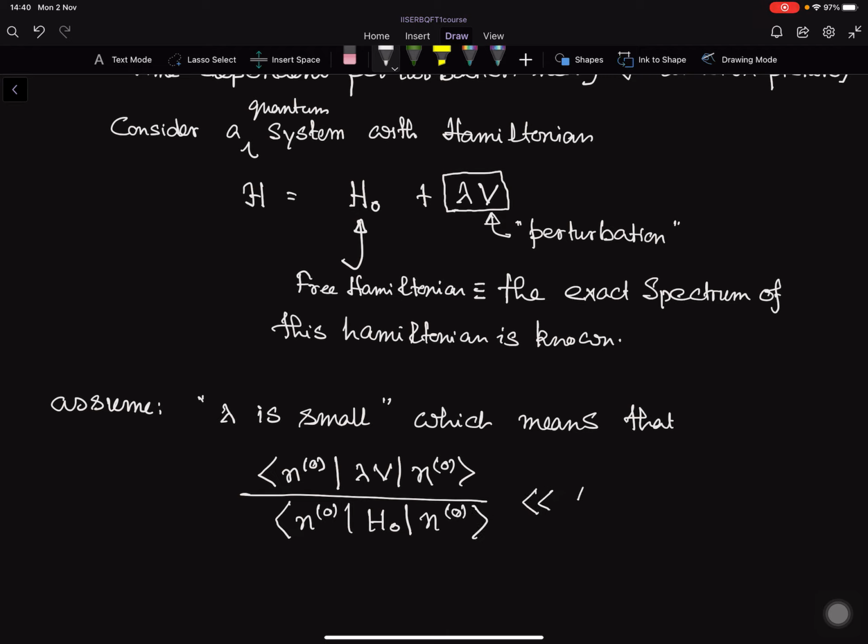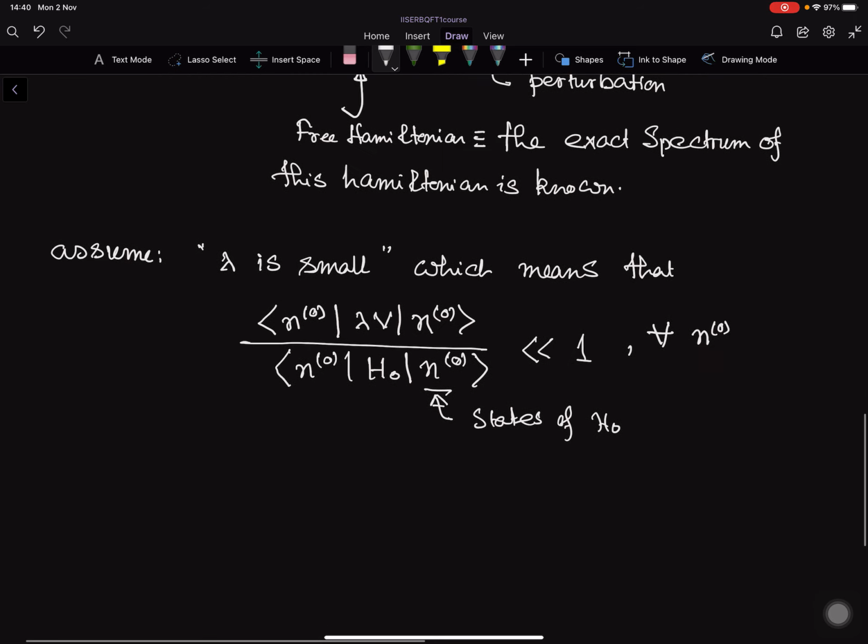This is much less than 1. Okay, where these are states of the Hamiltonian H0, and this should be true for all n zeros. Okay, if it is satisfied for some of them but not true for others, then of course we cannot use perturbation theory. So this is our assumption.